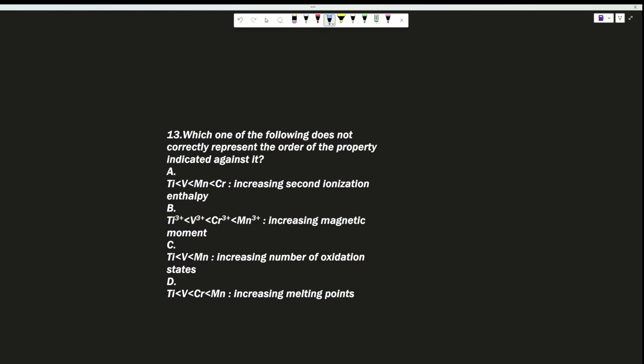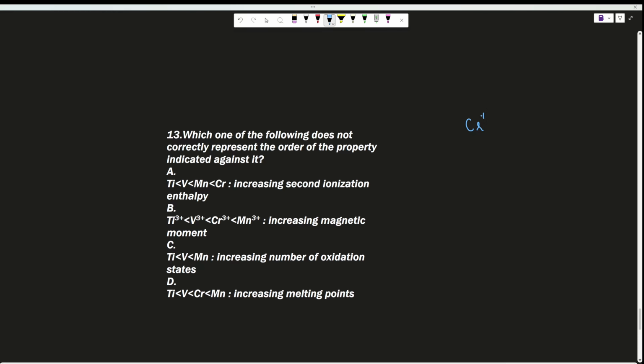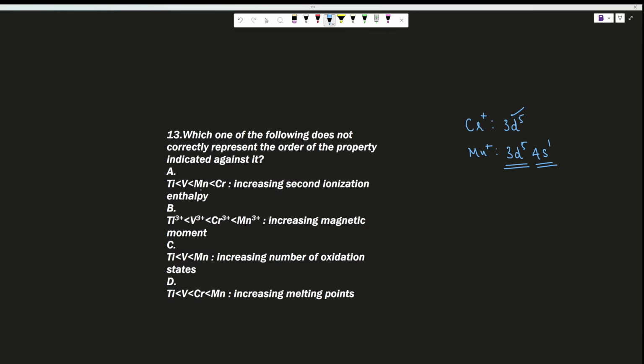But when we talk about second ionization enthalpy, Cr+ is already 3d5 and Mn+ is 3d5 4s1. That means the 4s electron in Mn+ is very easy to remove, but from d5 in Cr+ it is very difficult to remove the electron. So chromium becomes greater than manganese. So that is correct here.